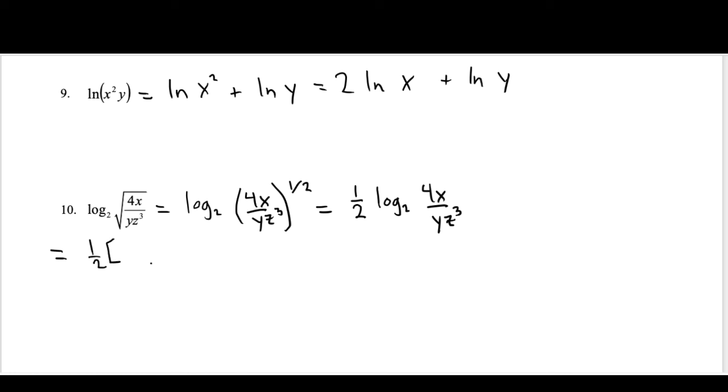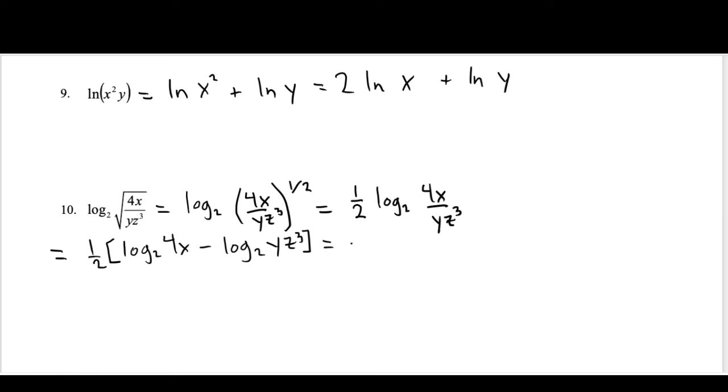And then I can apply the quotient property. This is 1/2 times log base 2 of 4x minus log base 2 of yz cubed. Okay. And then I can apply the product property to each of those terms.